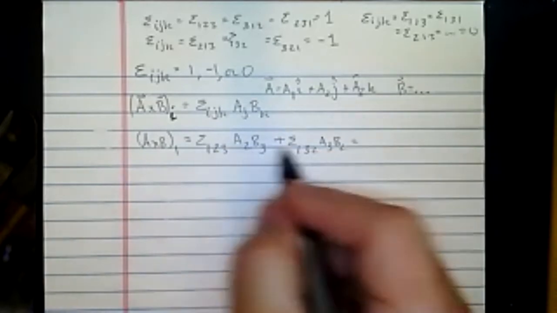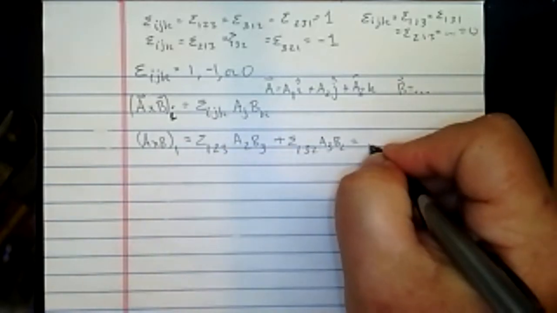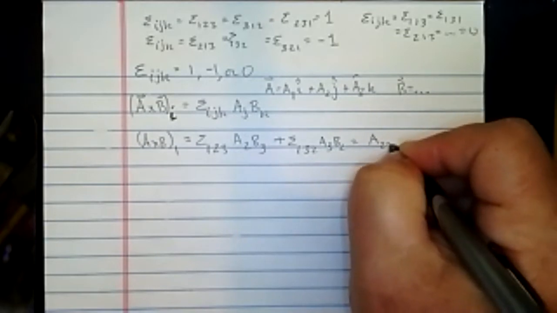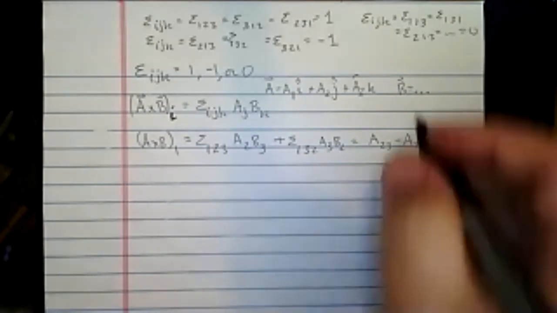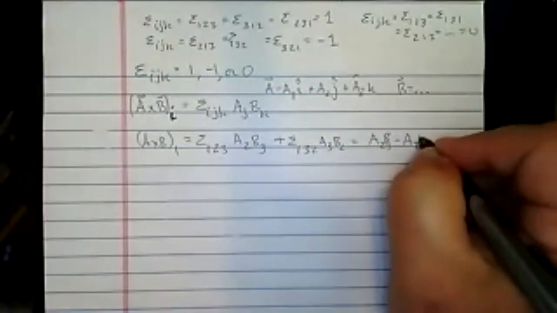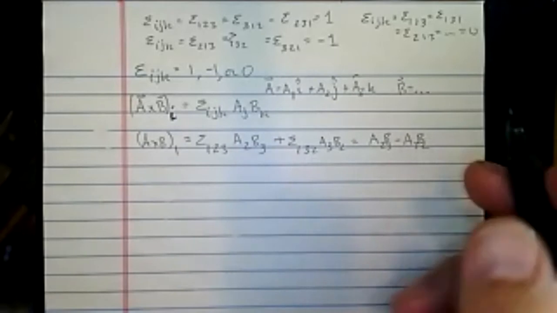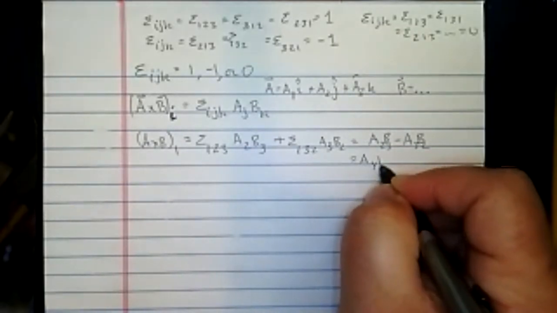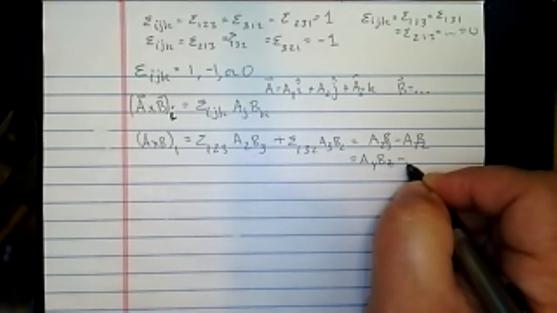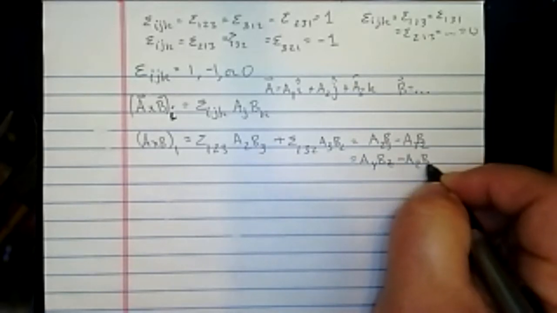But this is just 1 and this is just negative 1. So I get A2 B3 minus A3 B2. I've just completely left out the B. That literally means A Y, B Z minus A Z, B Y.